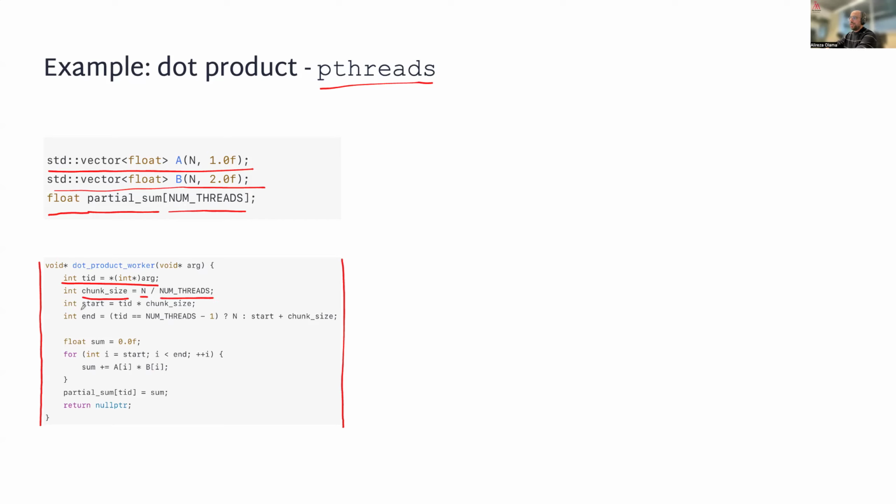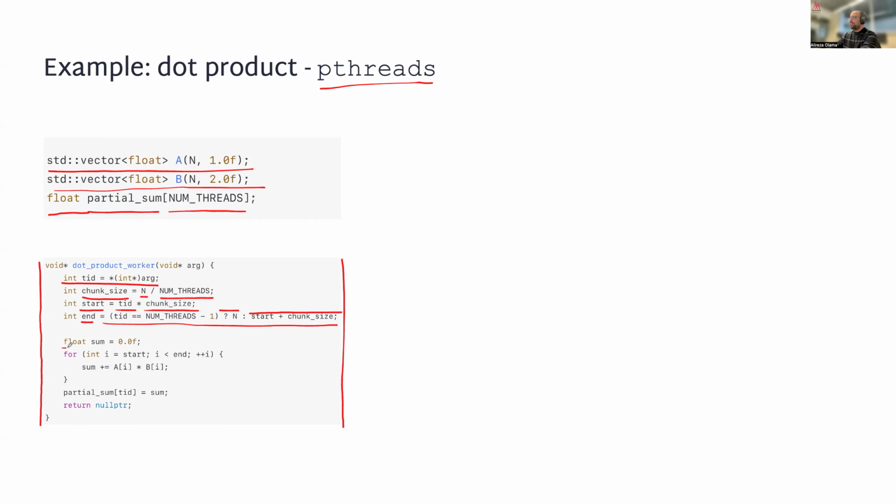And then for each thread, I need to define the starting point and the end point. The starting point is easy: you multiply the thread index by the chunk size. For the end point, depending on whether you can perfectly divide n by the number of threads, if everything is perfect, it would be the start index plus the chunk size. Otherwise, you go until the end of the array, right?